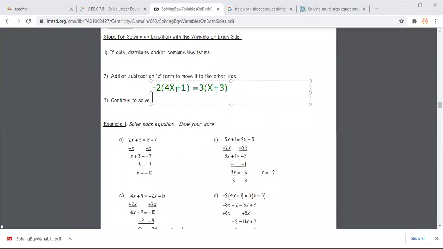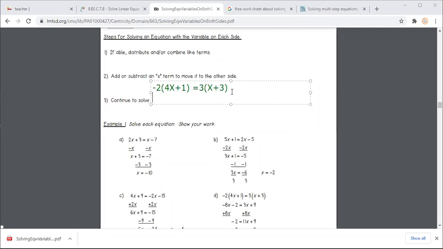Okay, grade 8. Negative 2, 4x plus 1 equal 3x plus 3.